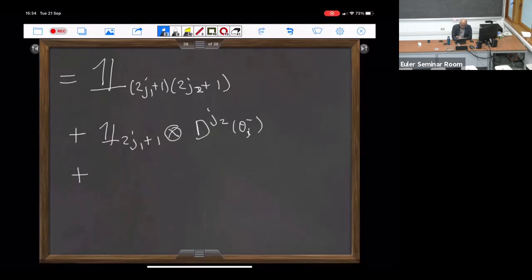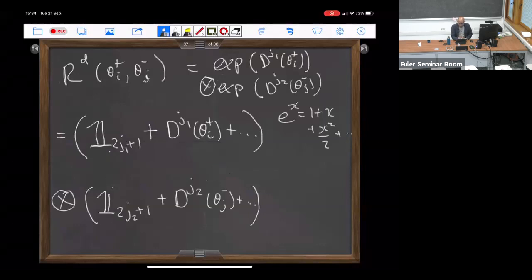And when I do it the other way around, I get dj1 tensor the other identity matrix, plus higher order terms.